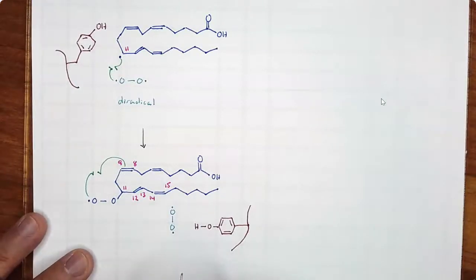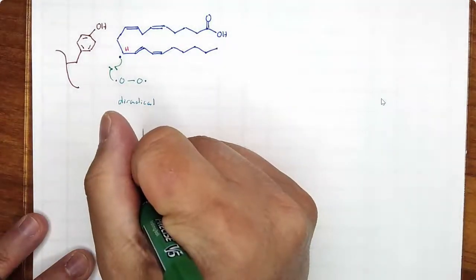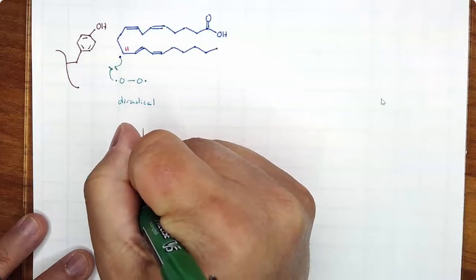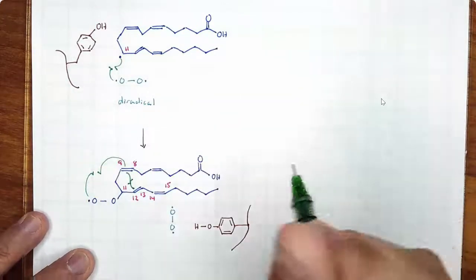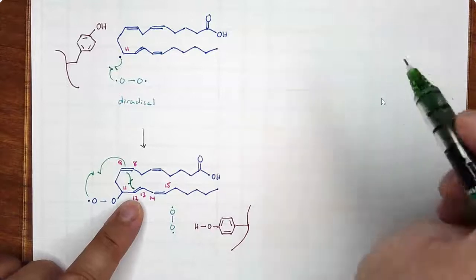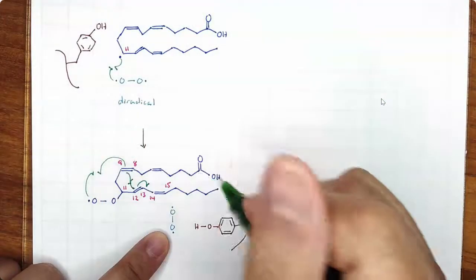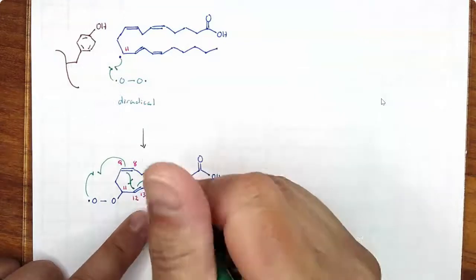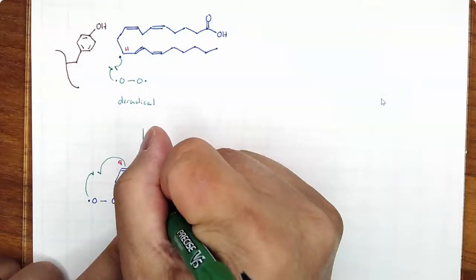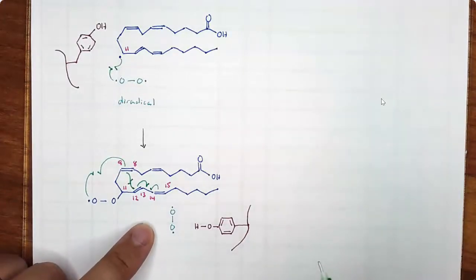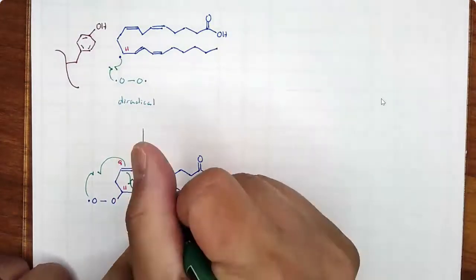We're going to make a bond between carbon 8 and carbon 12. So now we have a pi electron on carbon number 12. That's going to shift over, and we're going to make a double bond between carbon 13 and 14. Next, we're going to make a bond between carbon 15 and the oxygen.